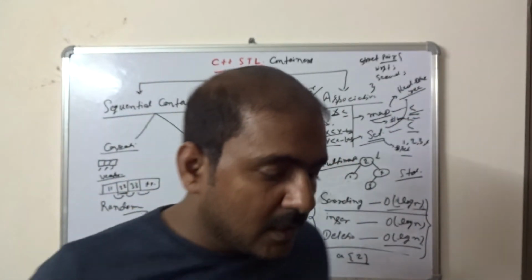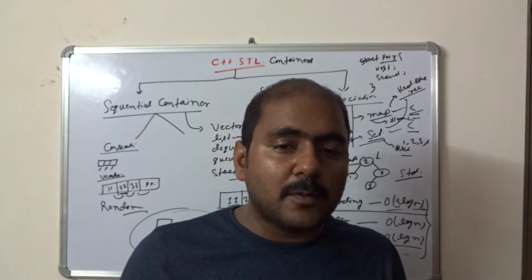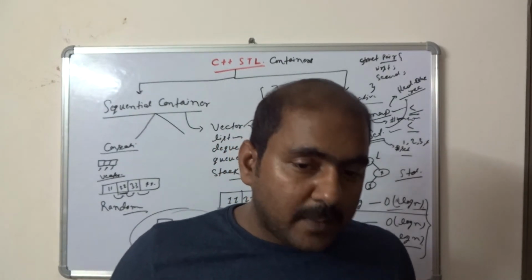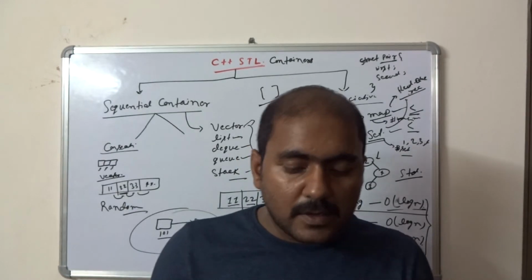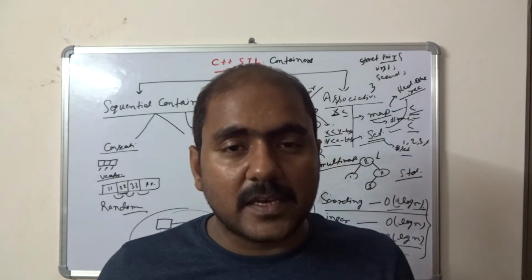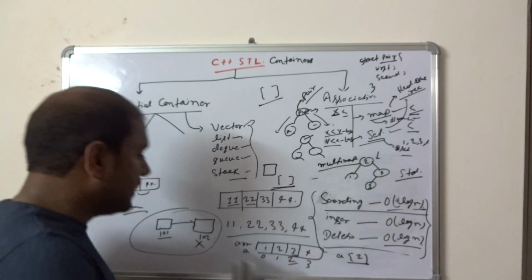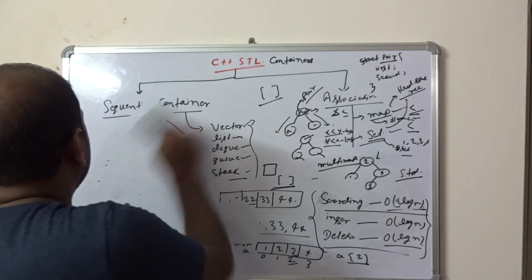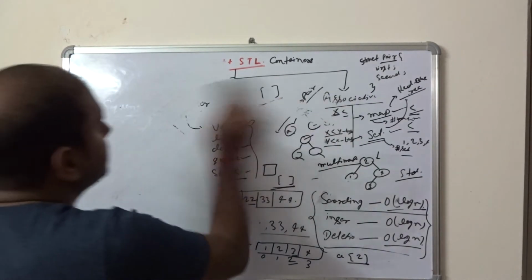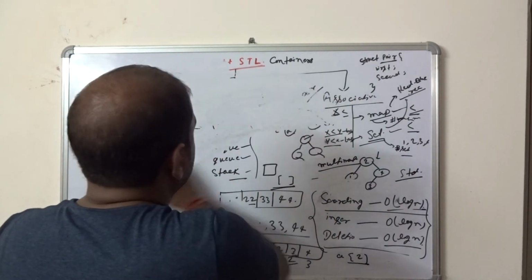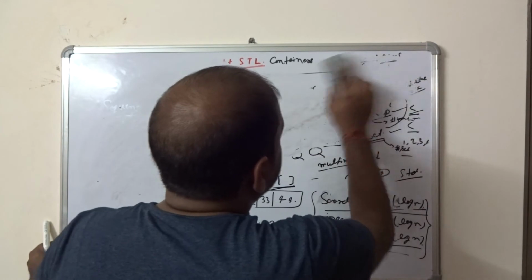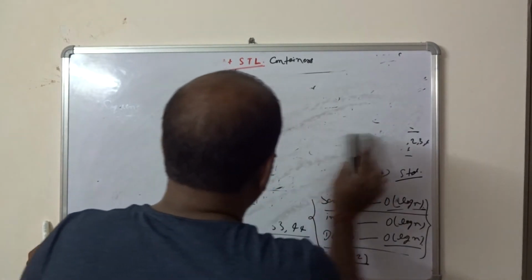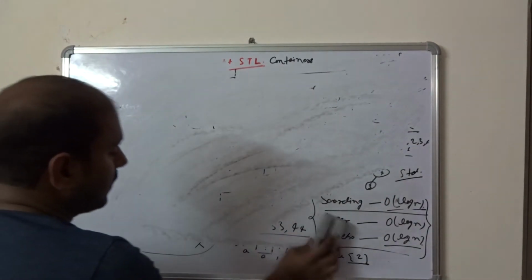Now we have an idea about all the containers. Based on the requirement, how do we select the appropriate container? This is what we are going to discuss next. Let's say you have some requirement. First you need to be clear about your requirement.